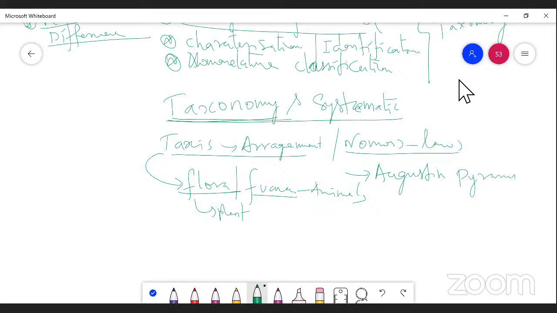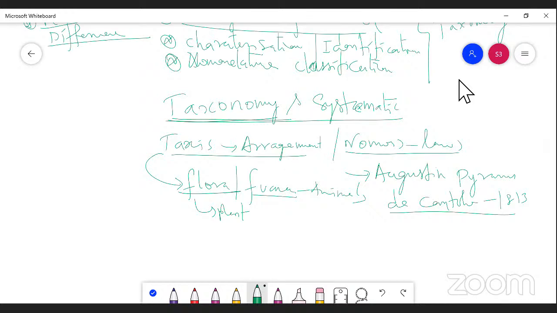In 1830, the scientist described the term taxonomy. So taxonomy is the arrangement of organisms according to scientific rules. That is called taxonomy.